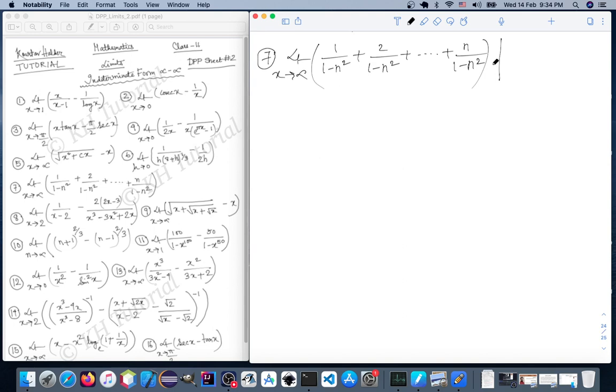This looks a different kind of problem. We have similar terms in the denominator. So if we take, sorry, this should be n.